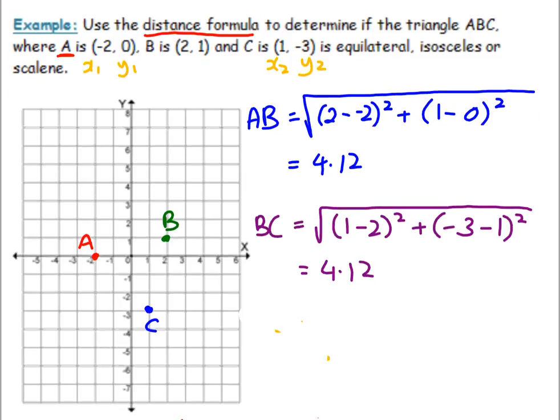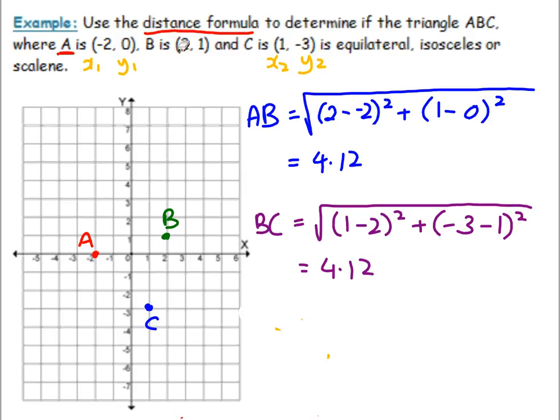Now you've just got to work out AC. So at the moment it could be equilateral, it could be isosceles. We've ruled out scalene now. So we're just going to need to work out AC just to confirm if it is either one of these two. So AC, so now in this case it's x1, y1 here and x2, y2 here.